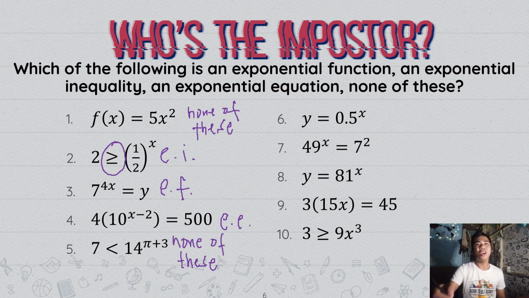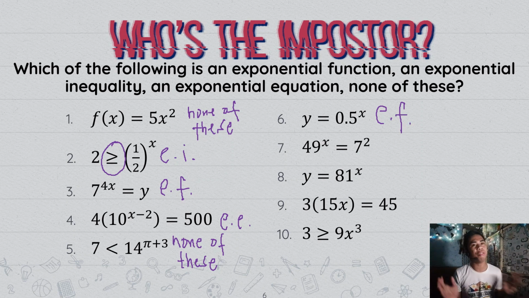Number 6, y is equal to 0.5 raised to x. This is an exponential function. Why? y is a function of the input, or of x. Number 7, of course, it's an exponential inequality.